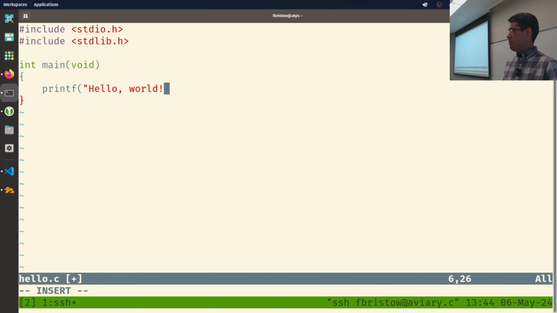But this is not println. It doesn't automatically put the new line symbol at the end of the line, so we explicitly have to type that in: hello world \n. Our main function must have a return type, so I'm going to say return EXIT_SUCCESS.